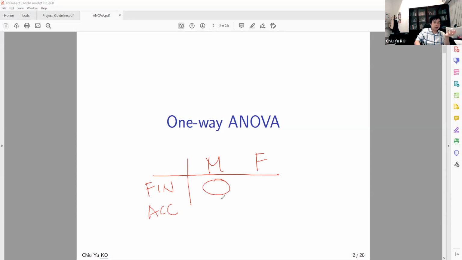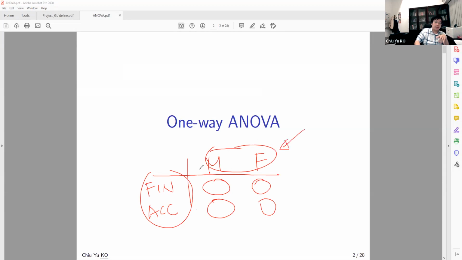Then look at whether the GPA would differ by male or female or whatever, okay? The two-level grouping. Each observation would belong to one group of the gender and one group of major, okay? That's two-way, but we focus on one-way today.